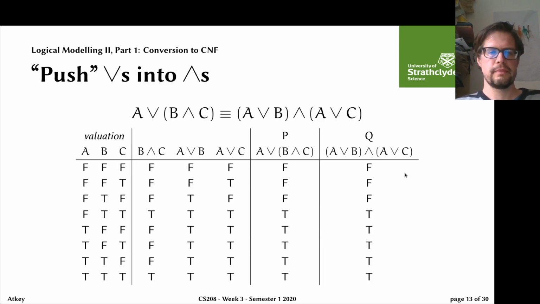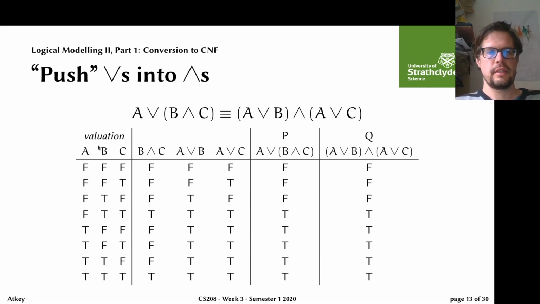So how do we do that? Well, the way to do this is to rewrite the formula to multiply out, if you like, the ands and ors. And this is very similar to the algebraic equation where we'd have something like x times (y plus z) is the same as x times y plus x times z.